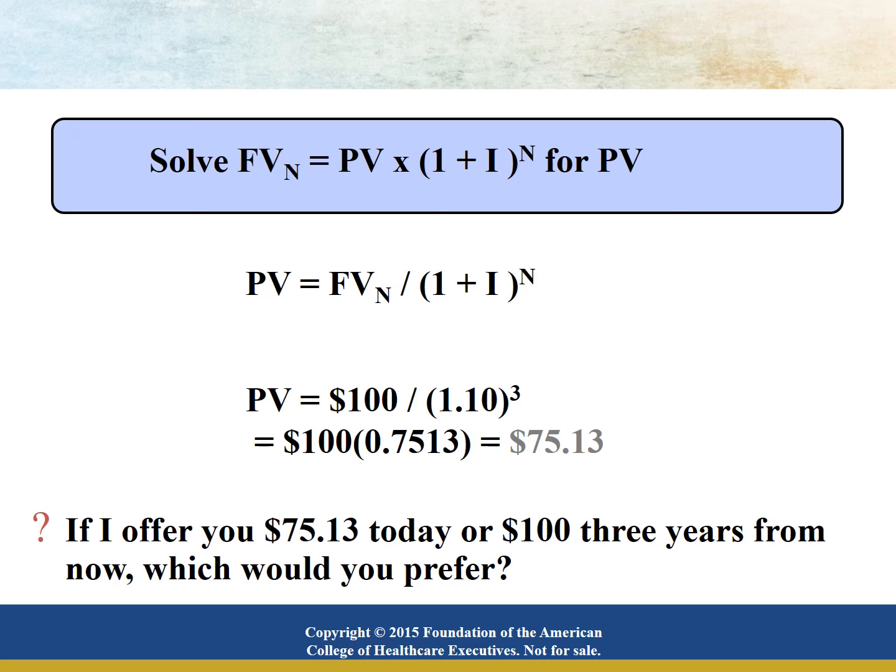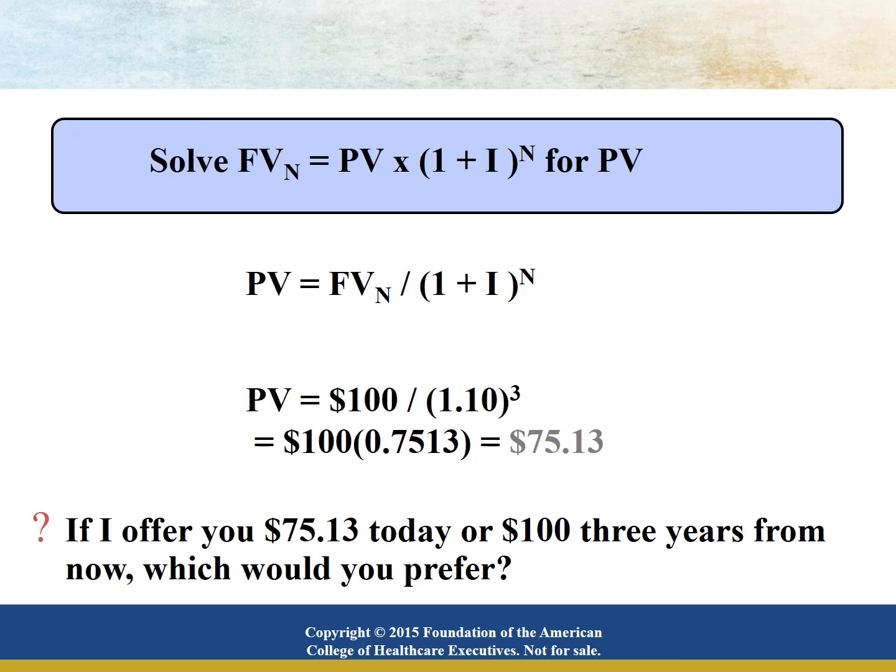Again, everybody said, how am I going to use algebra when I grow up? I use algebra every day. But it's simple algebra. So now we've isolated the present value. So the present value equals future value divided by 1 plus interest compounded by years, or to the power of years.